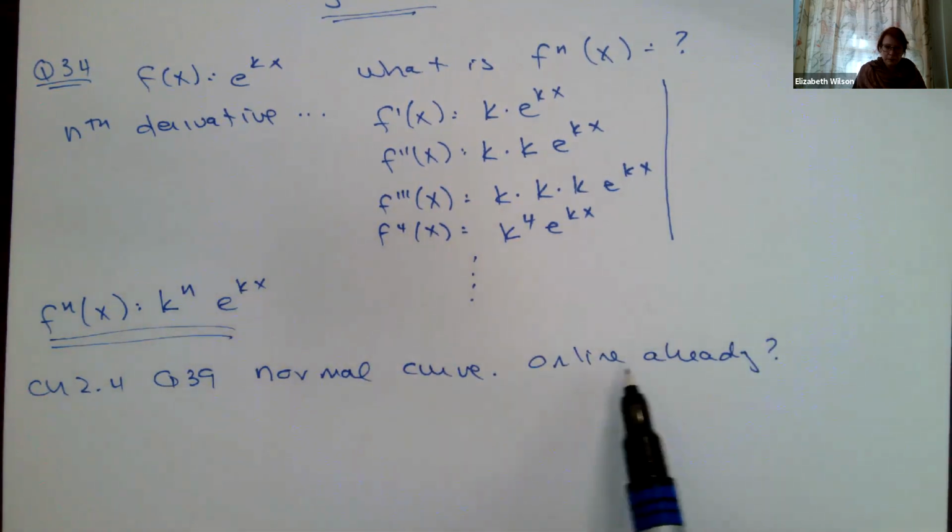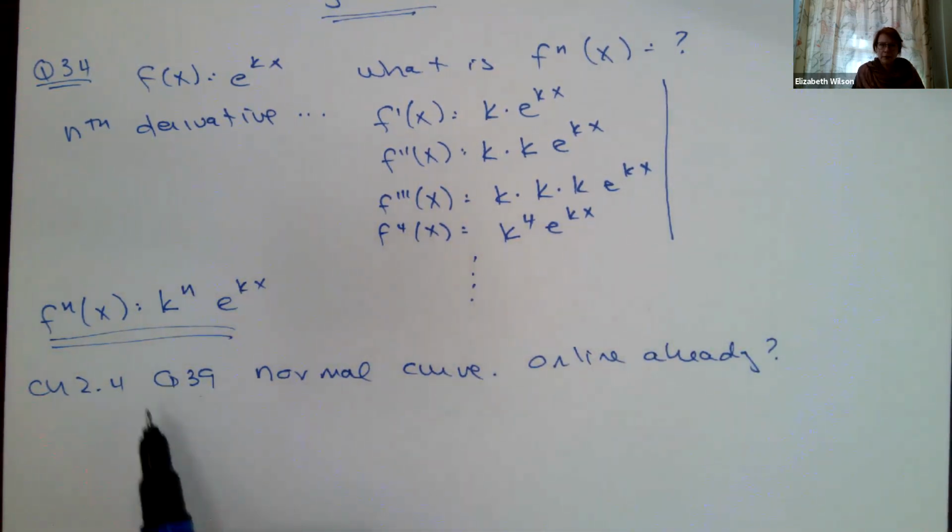I would check online for that. I think we may already have it. If it's not, I can put it up there. I'll check 2.4, question 39. I'm pretty sure it's there because I remember solving stuff like that.